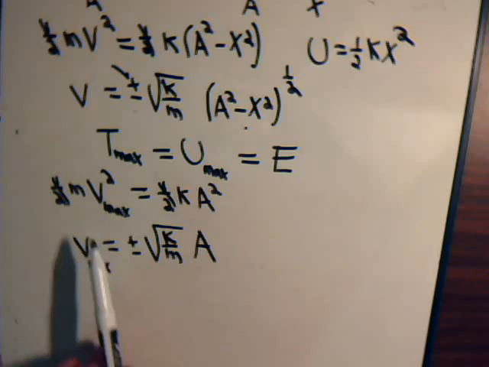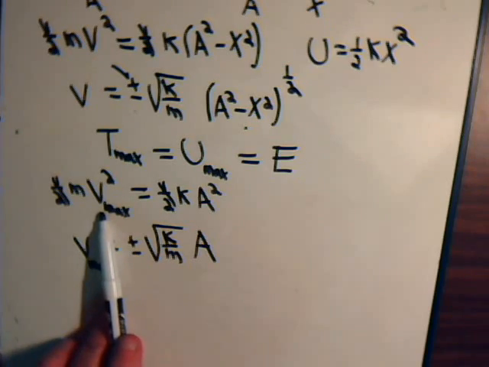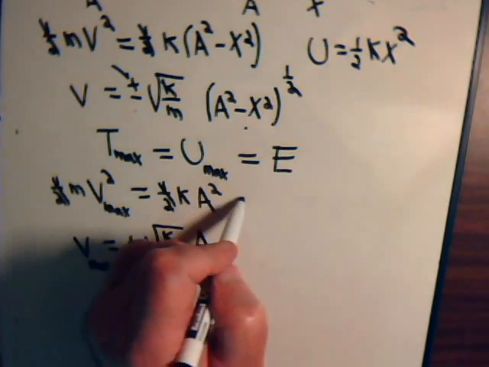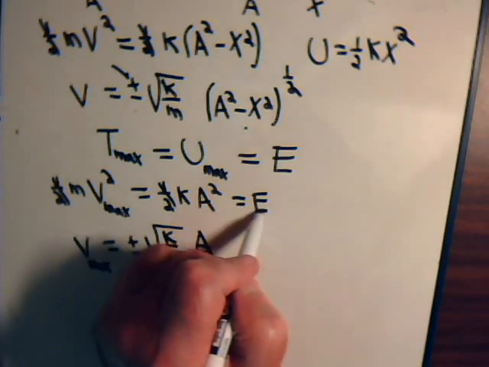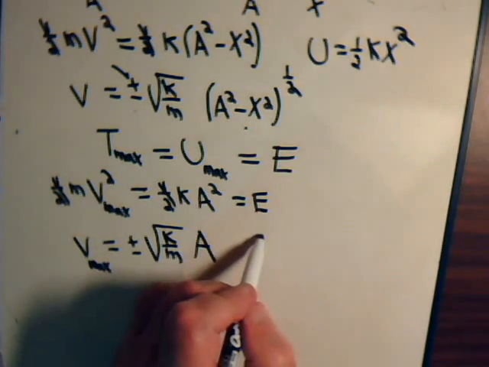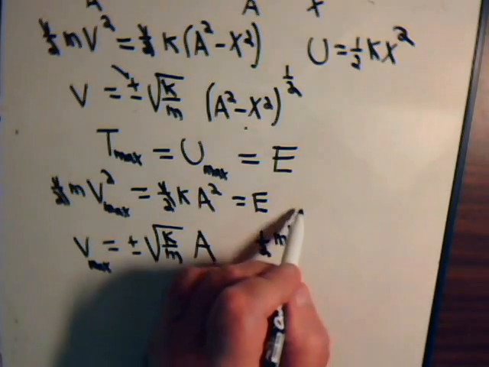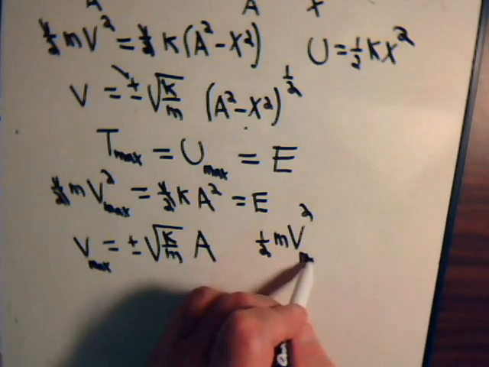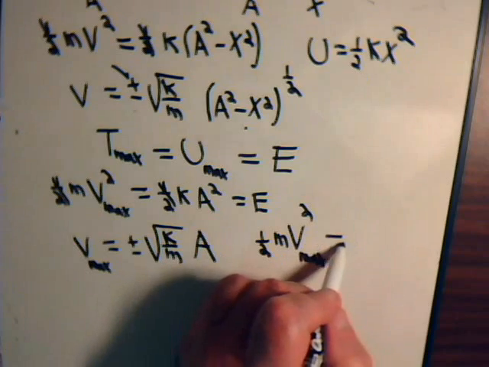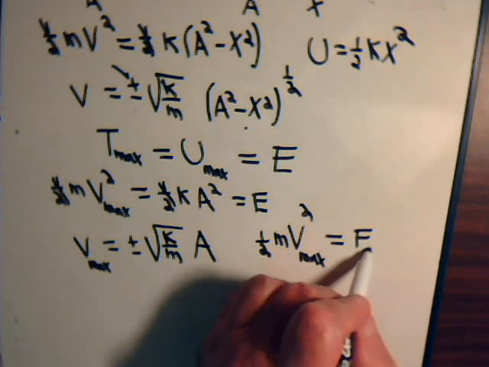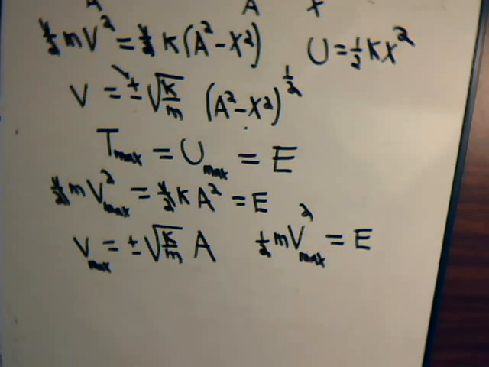We also have the maximum kinetic energy equals the total energy. So we have 1/2 m v squared maximum equals the total energy.